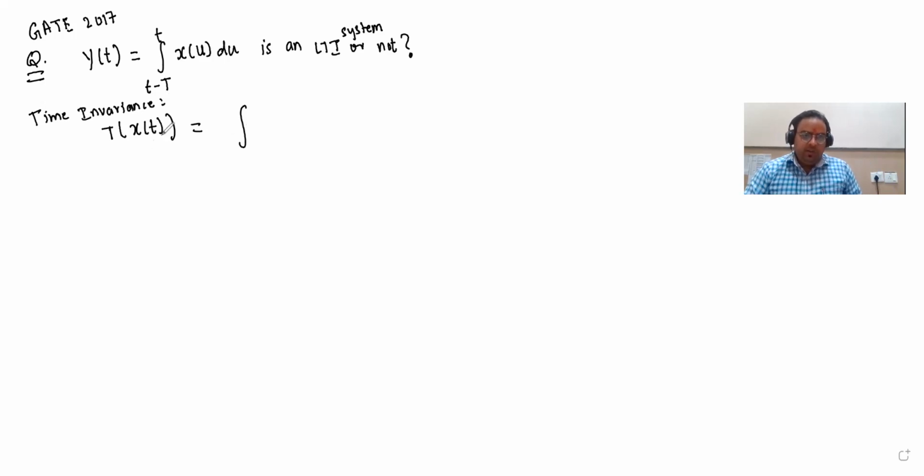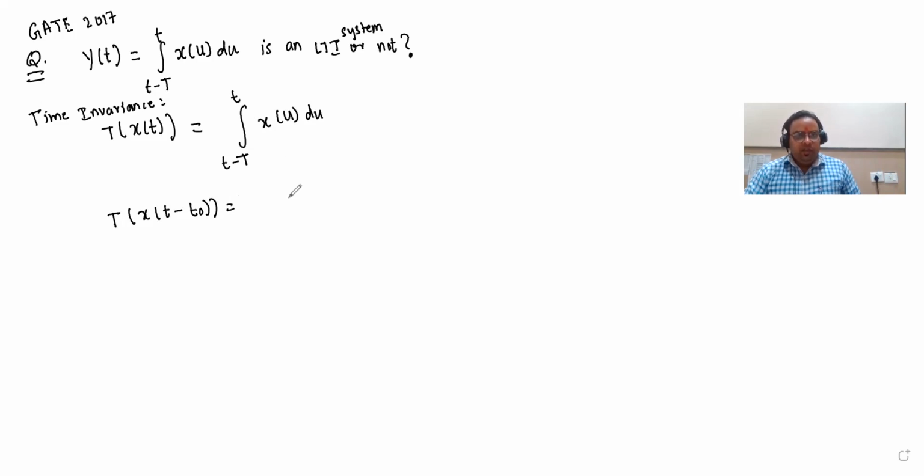So we express the system in this form, x of u du, varying from t minus capital T to t. This is basically our system. Now we perform the delay in our input part. Let us say we take a delay of t naught in the input.